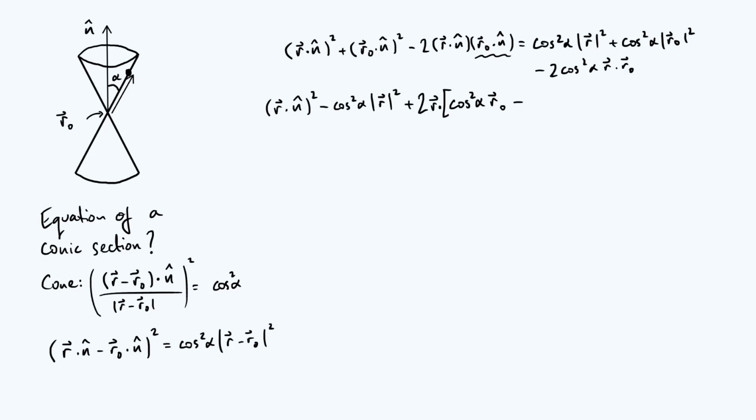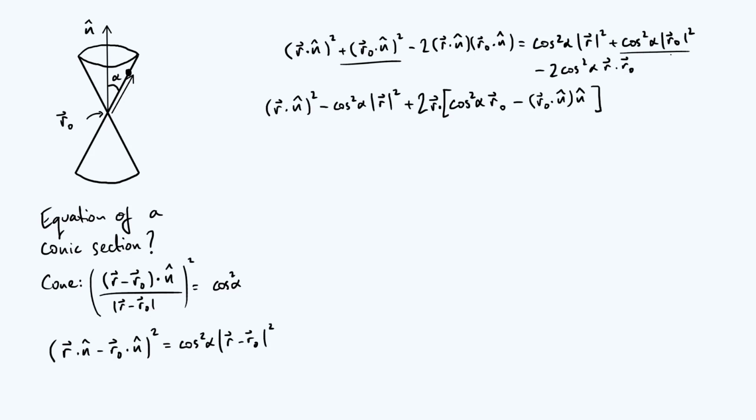Your scalar contribution, r naught dot n, just stays as it is. So we're going to take away r naught dotted with n. Then we need to put the vector n here so that this r gets dotted with this n and gives you r dot n as we originally had. So we factorized and grouped those terms together. Finally, we've just got some constant terms left. We've got r naught dot n squared, and we've got cos squared alpha modulus of r naught squared.